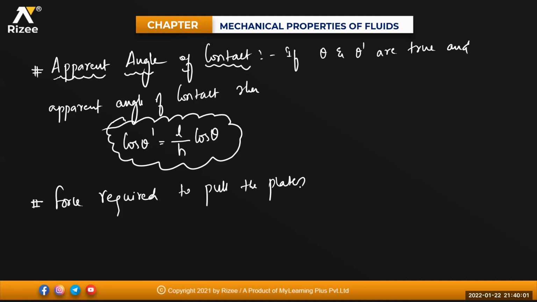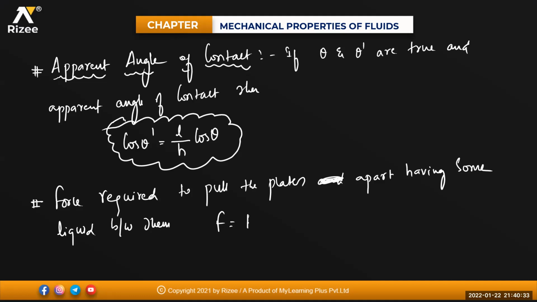Whenever a liquid is kept between two glass plates and you try to pull them apart, more energy is required. So for plates having some liquid between them, F is equal to the excess pressure, P naught minus P initial, into A. That will come out as 2T divided by small d, into A.